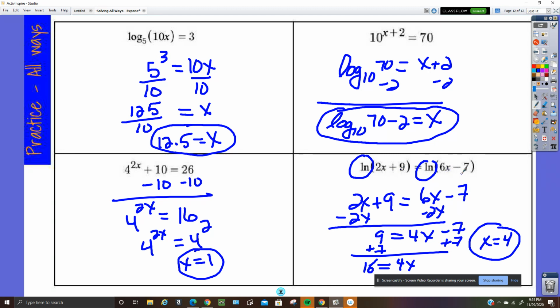Yeah, that works. I don't know why I didn't think it checked the first time, but if I plug in for x, I get 17 on both sides. So 8 plus 9 is 17. Over here, 24 minus 7 is 17. So that's the right answer.